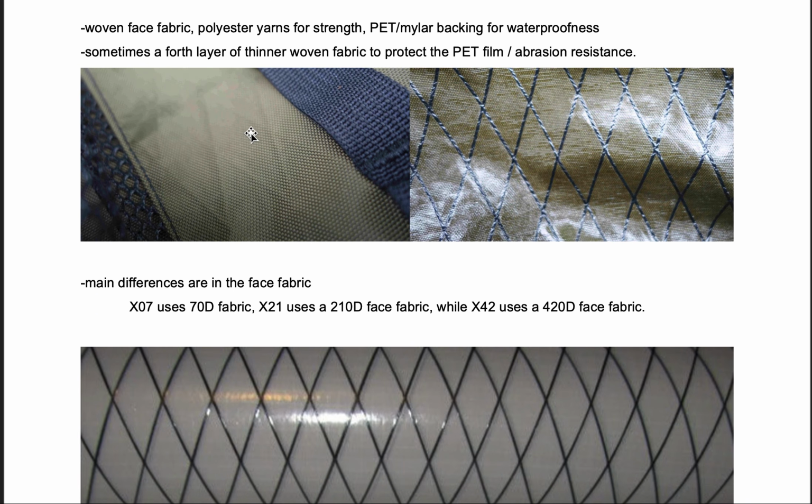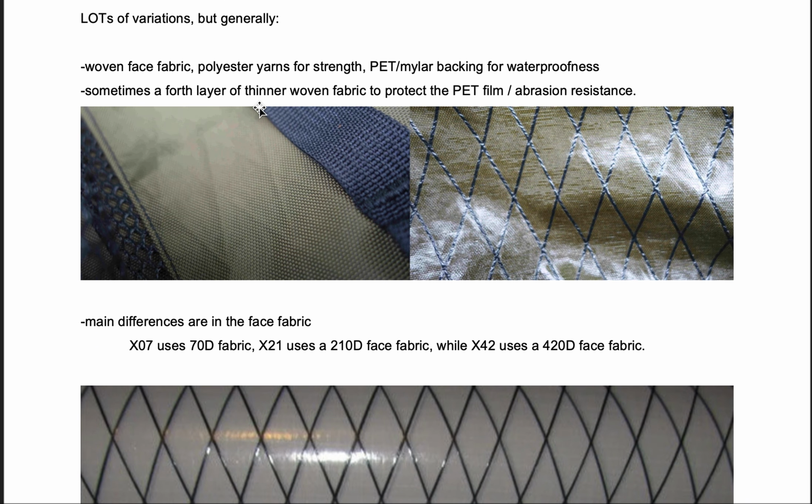There are a lot of different variations, but generally there are 3 layers, sometimes 4. There is a woven face fabric, could be polyester or nylon, could be ripstop, could not be. Then there's a layer of very thick polyester yarns, and then another layer of PET plastic or Mylar.